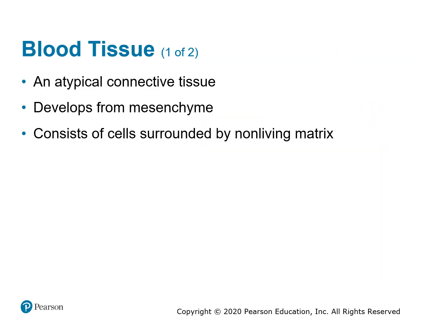Alrighty, the last of our specialized connective tissue is the last one that you would ever think of, and it is the blood. Blood is technically a liquid tissue that connects all of the tissues. And you don't even really ever think of tissue as being liquid, but it is. It, like all of the other connective tissues, is developed from mesenchyme in the embryo and consists of cells that are surrounded in a non-living matrix.